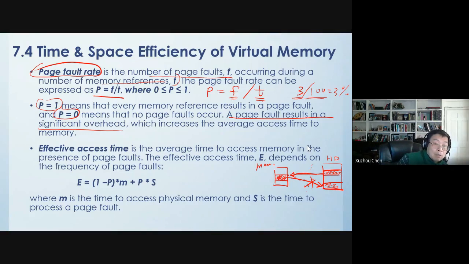Right? You can think about this. The communication between your hard disk and the memory is very costly. It is probably like a thousand times slower than the communication between your CPU and the memory. Okay. It is 1,000 times faster, or even 10,000 times more, depending on your hard disk.